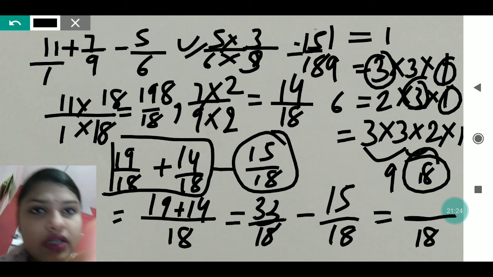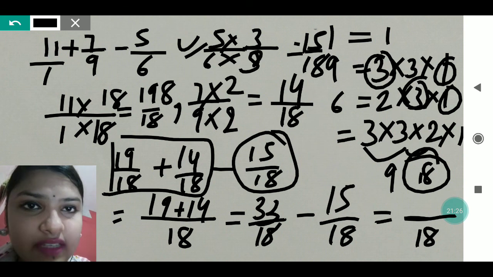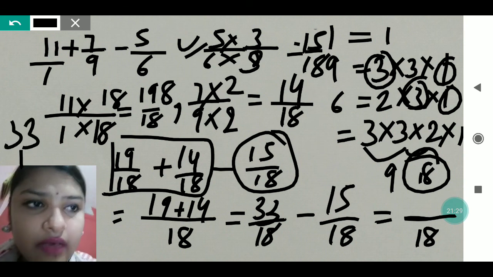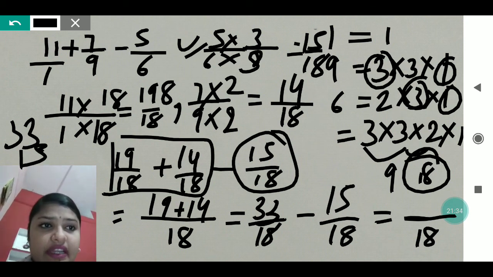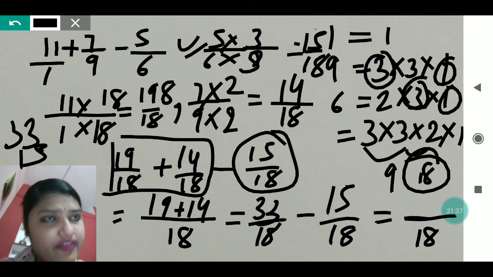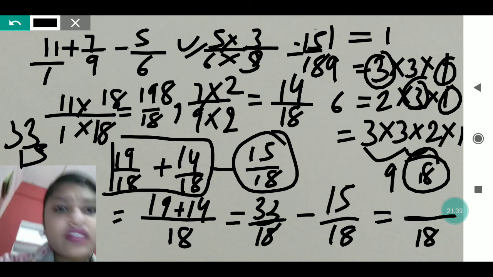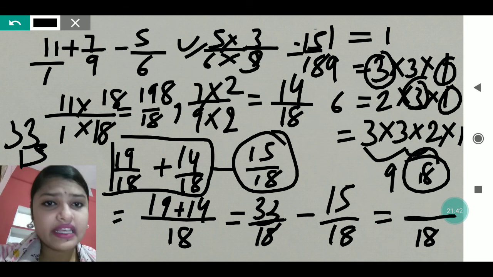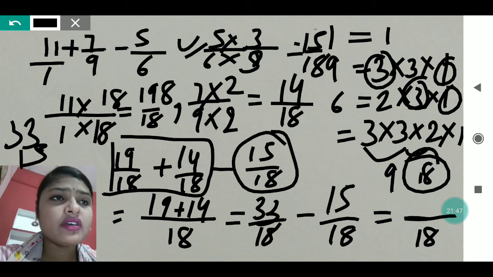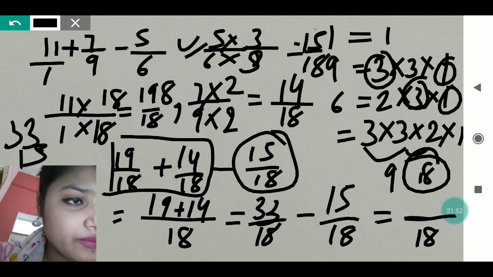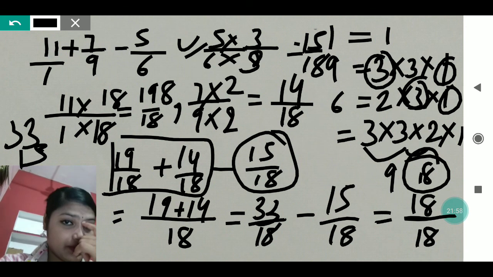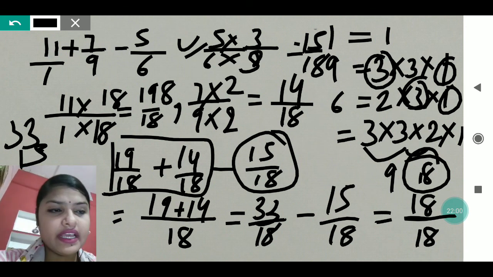Common denominator is already written. You just have to subtract 15 from 33. So you will get 18 by 18.